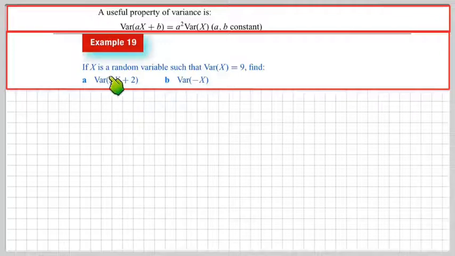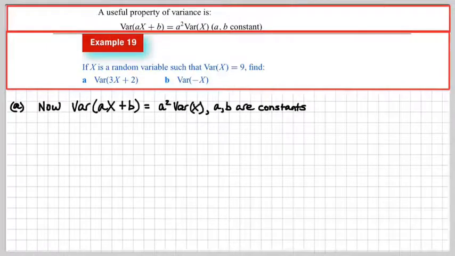If x is a random variable such that the variance of x is 9, find the variance of 3x plus 2, all right? So there's your ax plus b, where a is 3, so a squared would be 9. So according to that formula, the var of 3x plus 2 would be 3 squared times the var of x.